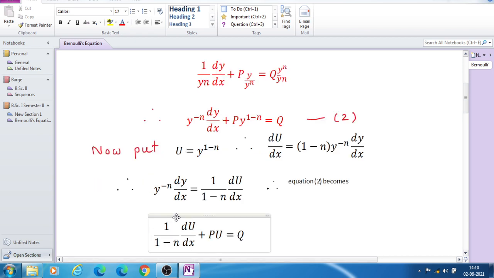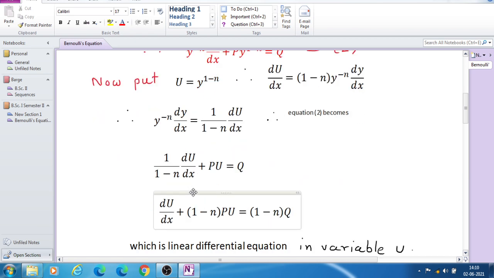Therefore in the above equation, our equation number 2, we substitute these values. So the first term, y raised to minus n dy by dx, from this du by dx we get y raised to minus n dy by dx is equal to 1 upon 1 minus n into du by dx, and we substitute this value in the above equation.